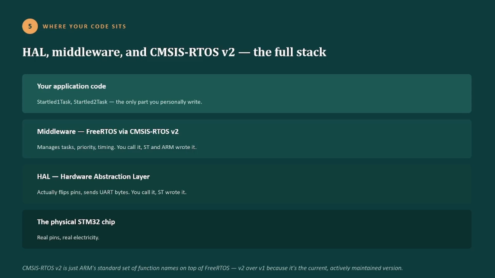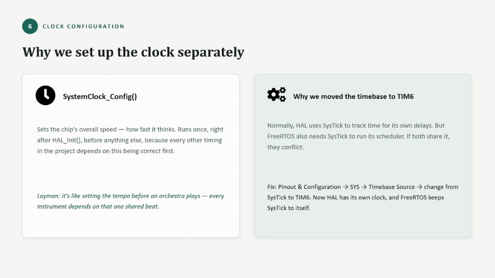Now why do we set up the clock separately? This is another concept we will see in our demonstration. System clock config sets the chip's overall speed. But another package or system needs its own clock.